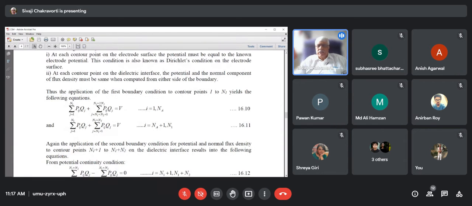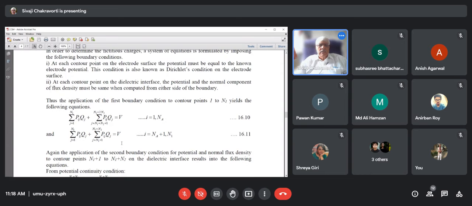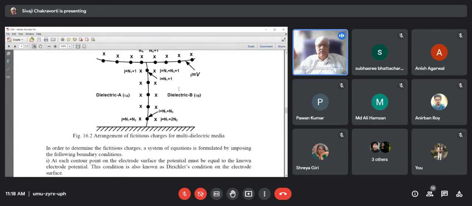Therefore, we have equation 16.11. You can see here j is equal to 1 to N1. Then j is equal to N1 plus 1 to N1 plus N2. Look at this here, the charges on the interface which are located on dielectric A side are numbered N1 plus 1 to N1 plus N2.